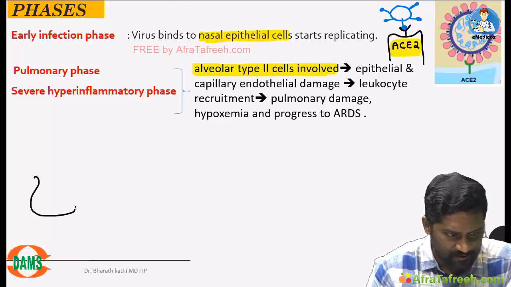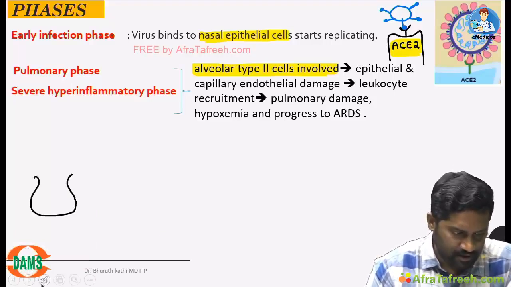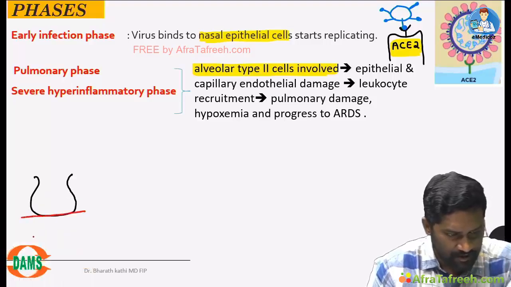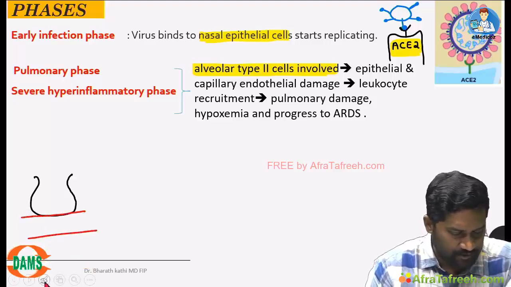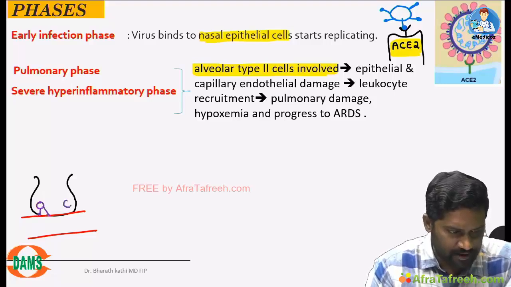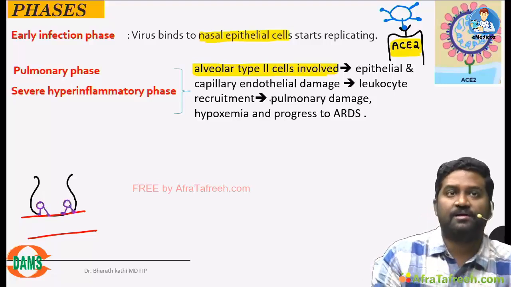Consider this is the alveolus and let this be the blood vessel, students. Now the virus is coming and binding to alveolar type 2 cells.